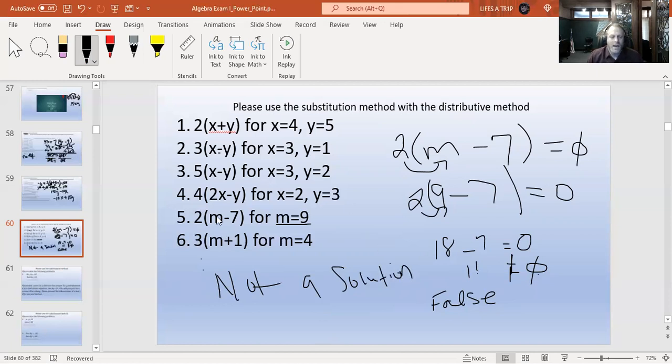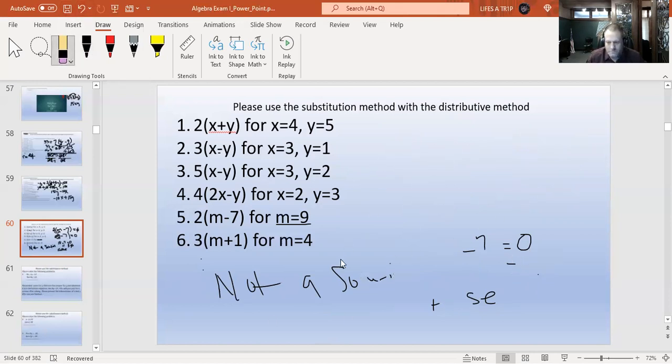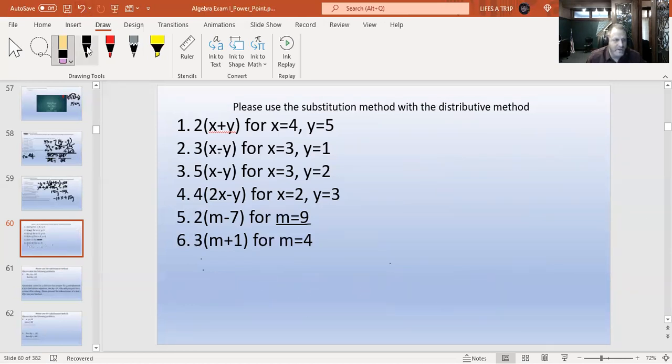All right, guys, let's see if number 6 is a solution. So 3, and we're going to substitute M for 4 plus 1. You can do it the distributive way, or you can do it the order of operations way.